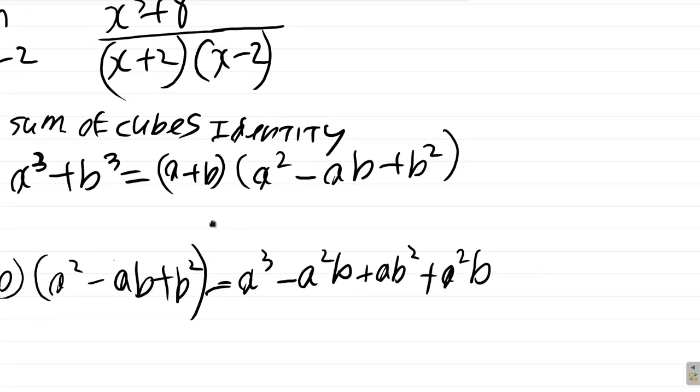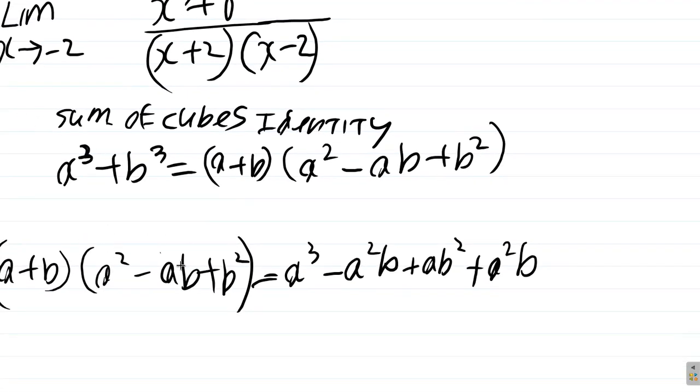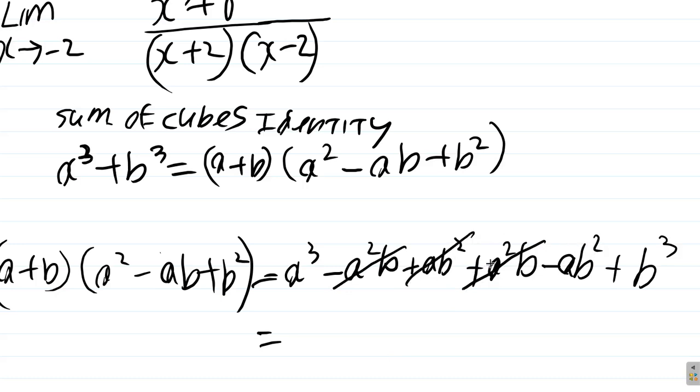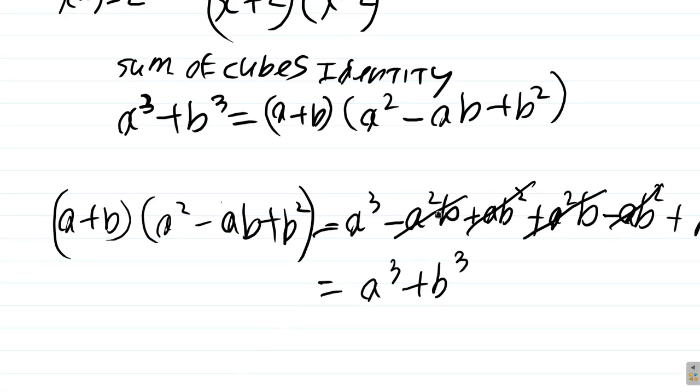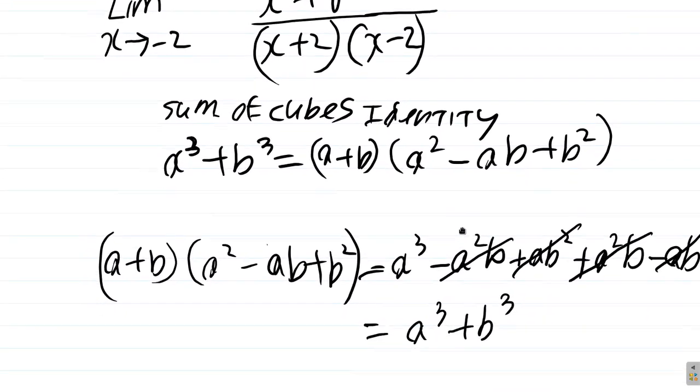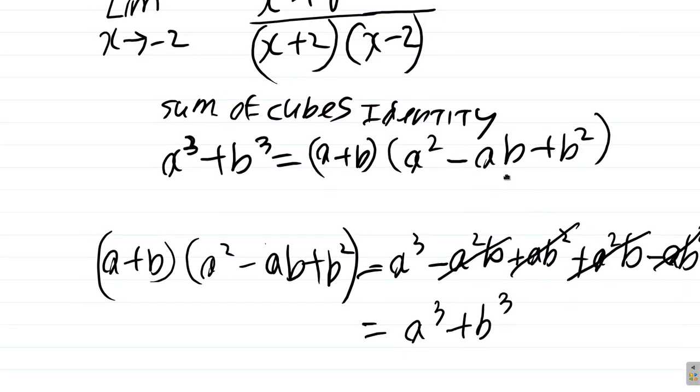Then we would have b times negative ab is negative ab squared plus b times b squared is b cubed. And here, the negative a squared b plus a squared b is 0, that's gone. ab squared minus ab squared, that would go, leaving a cubed plus b cubed there. Alright, so you see that it does work. Alright, just want some reassurance that this thing is correct.